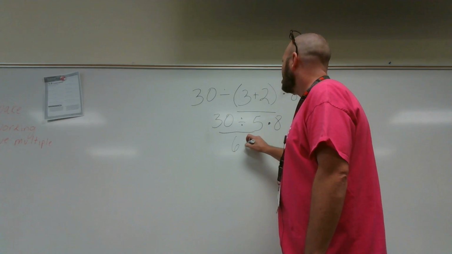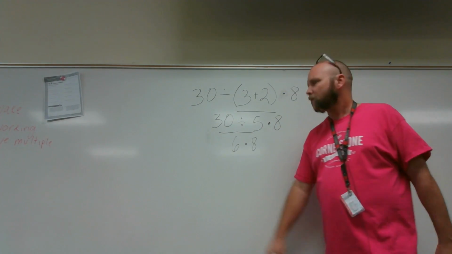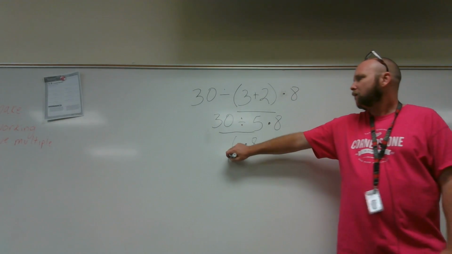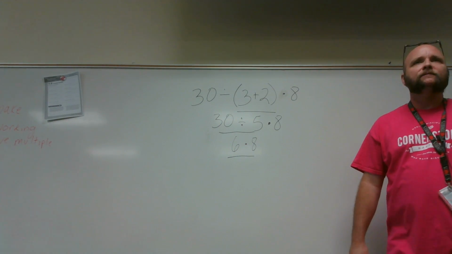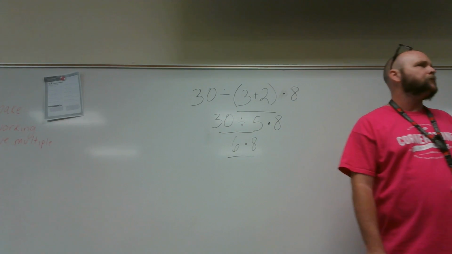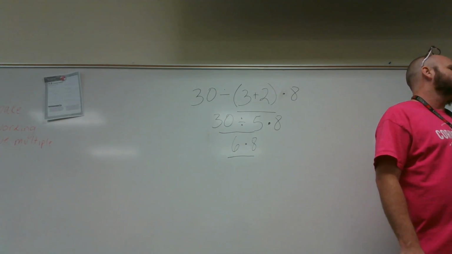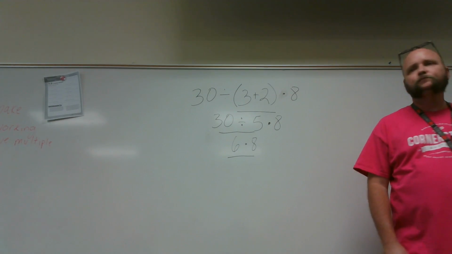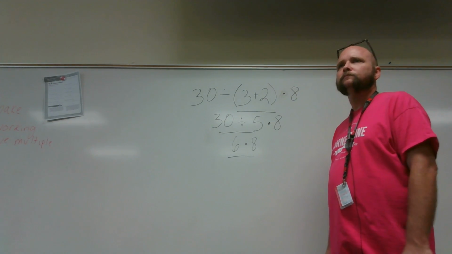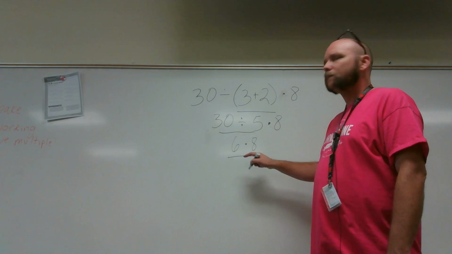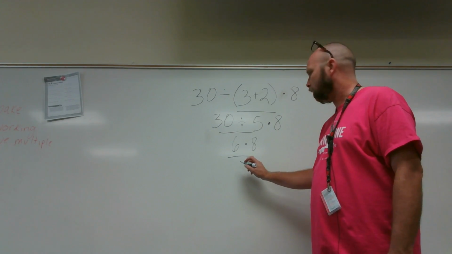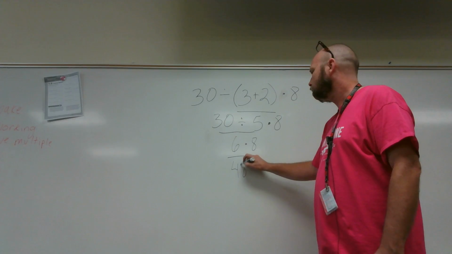I have not multiplied by 8 yet. So now I have 6 multiplied by 8, or the product of 6 and 8. And the product of 6 and 8 is what, Ivan? 48.